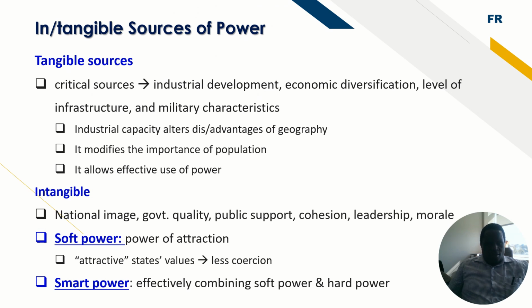Returning for a moment to power, there are tangible and intangible sources of power. For example, industrial development, economic diversification, infrastructure, and military characteristics, so sort of like the hard power sources. For example, industrial capacity can alter disadvantages of geography, even though sometimes it really can't influence them.